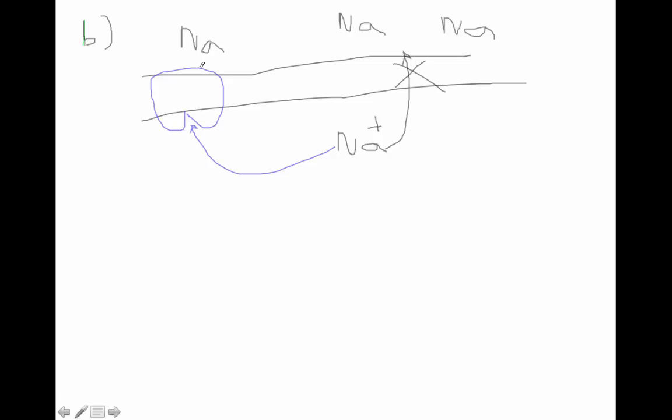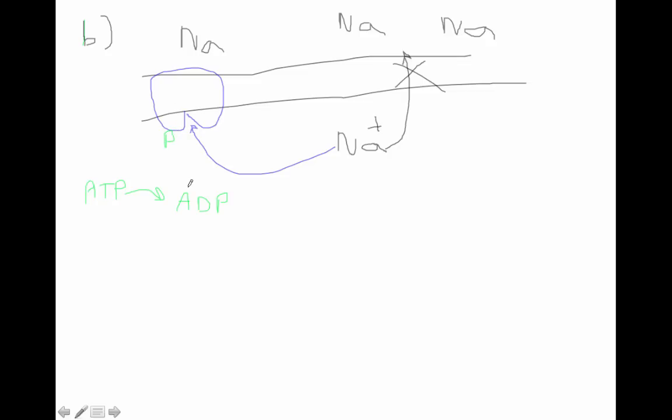The only way we can get it across the membrane is if that protein changes its shape. And one way it can do that is by adding ATP. ATP is hydrolyzed, generating ADP and inorganic phosphate. And this phosphate now is added to this transport protein.